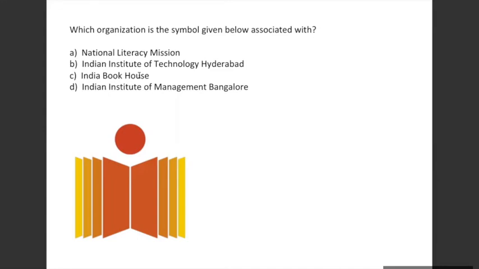Just search one more logo, National Digital Literacy Mission. There is National Literacy Mission, and there is also something called National Digital Literacy Mission. Do a search for that too. Just type it here.